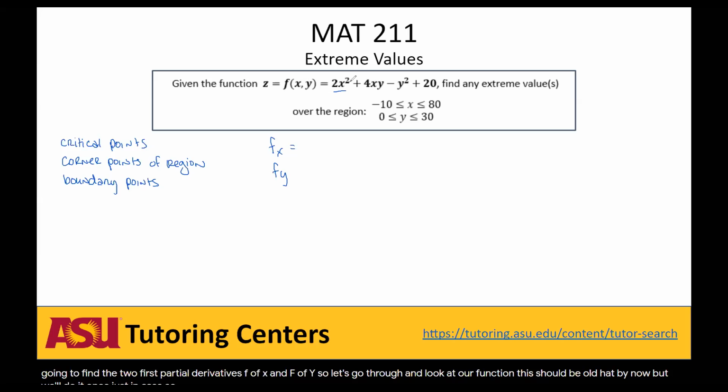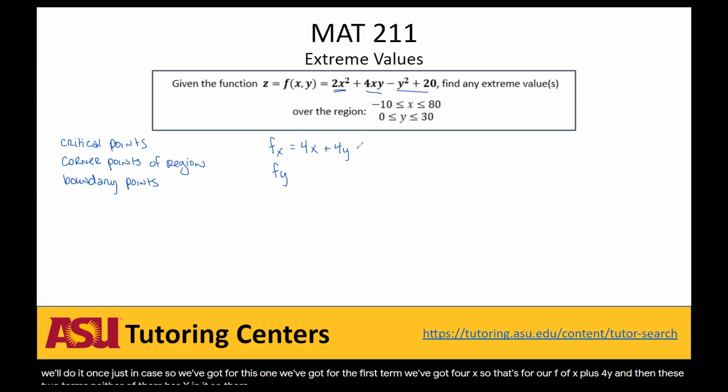For the first term, we've got 4x, so that's for our f of x, plus 4y. These two terms, neither of them has x in it, so they both go to 0. And for our f of y, we're going to have 4x from this term. This term will go away. And then minus 2y.